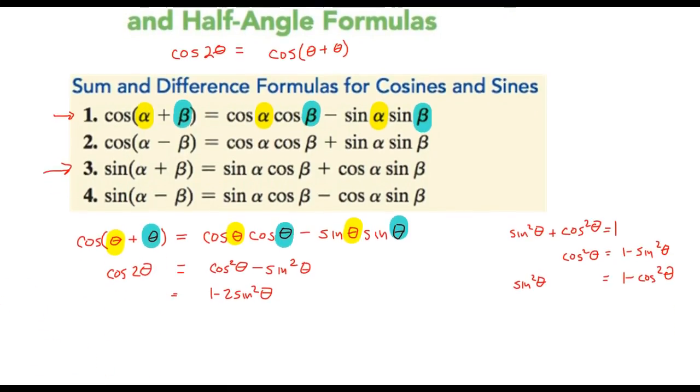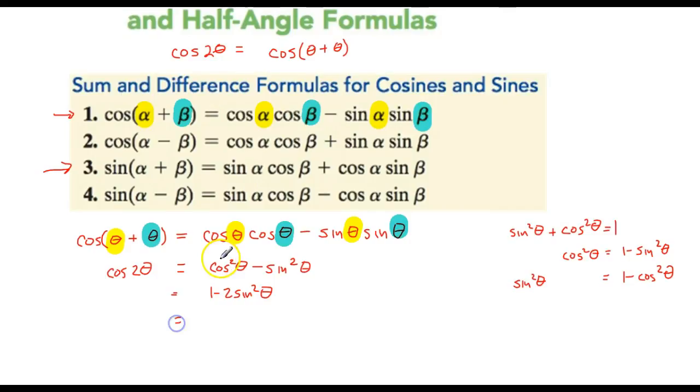And then going back to this original identity we get from replacing alpha and beta with theta in both positions, instead of replacing cosine squared with 1 minus sine squared, we could also replace this sine squared theta with 1 minus cosine squared. Then we end up with 2 cosine squared theta minus 1.